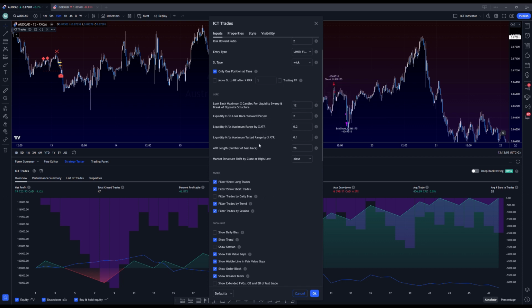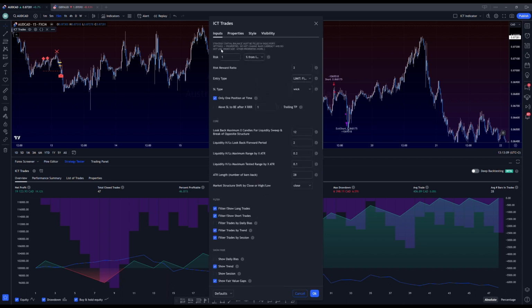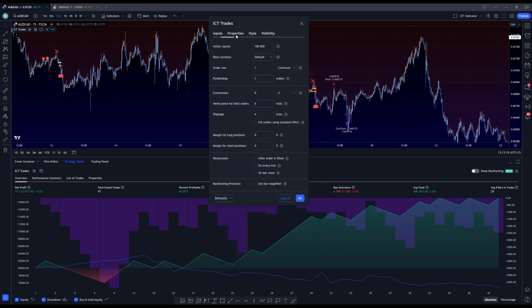Okay, so the settings are the same as I told you, but there are some new strategy properties, as you can see here. The strategy has this new properties tab where you can fill initial capital, which is 100,000 here.